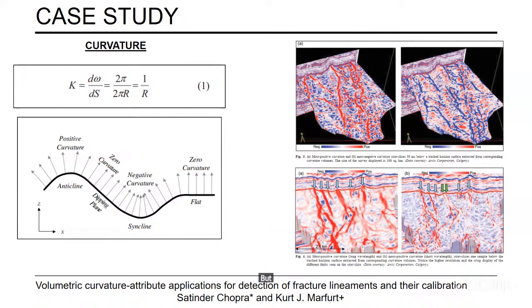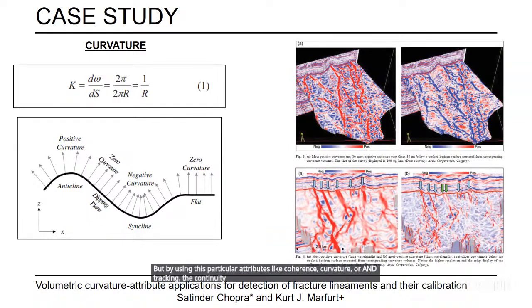But by using attributes like coherence, curvature, or ant tracking, the continuity of that fault or fractures becomes easier to delineate and understand.